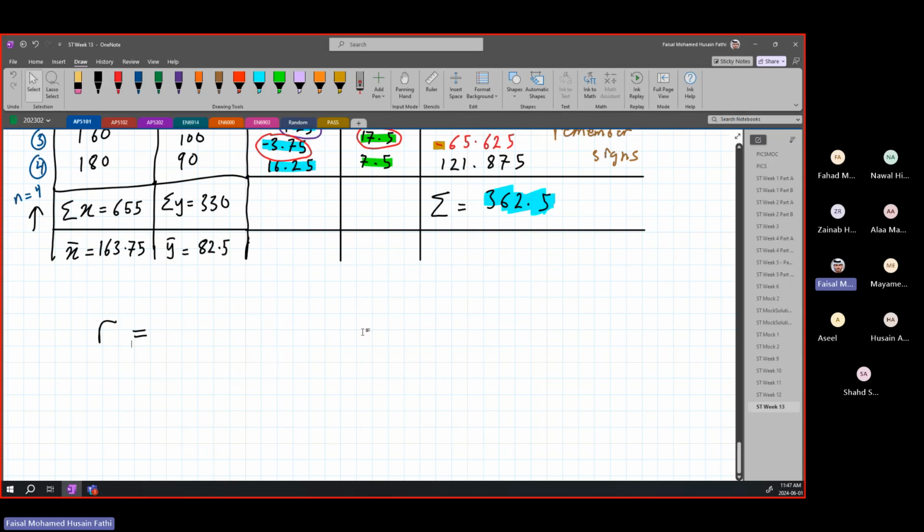Sorry about that. So again, we have two equations that we can use for correlation.